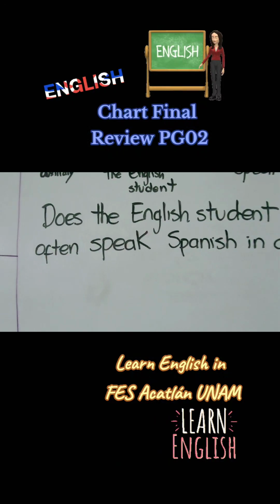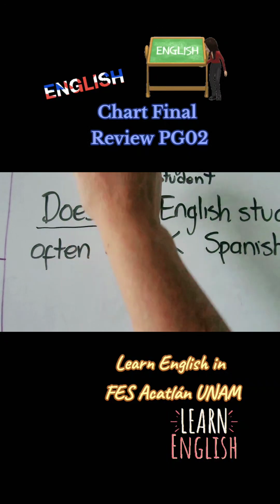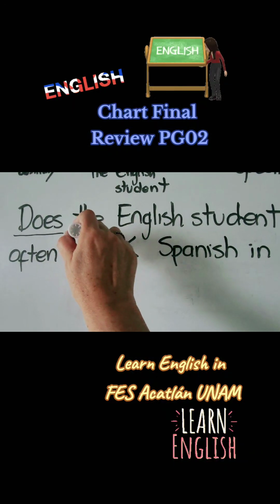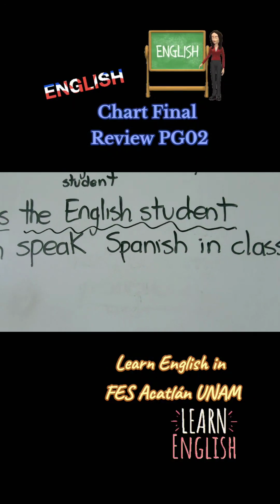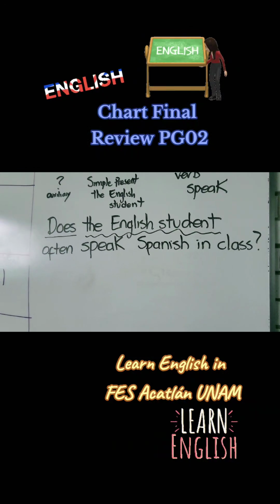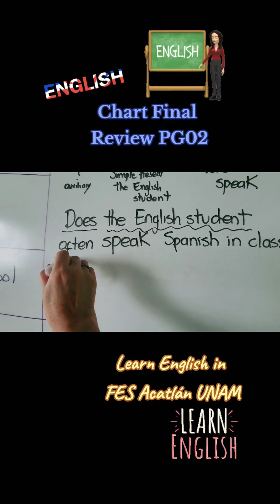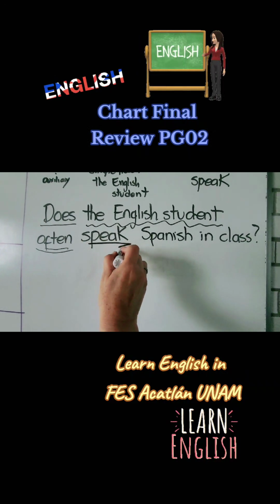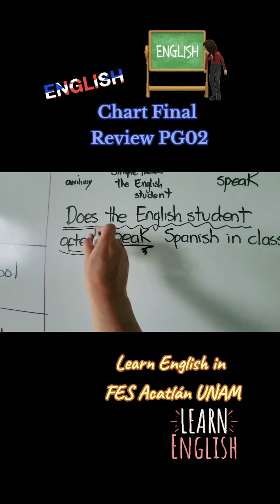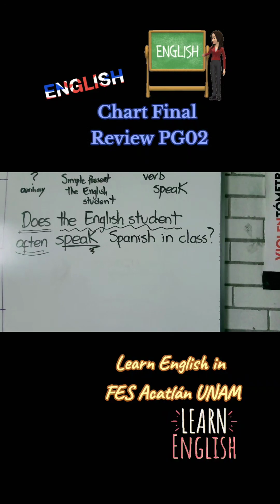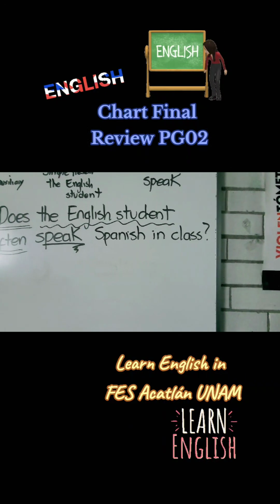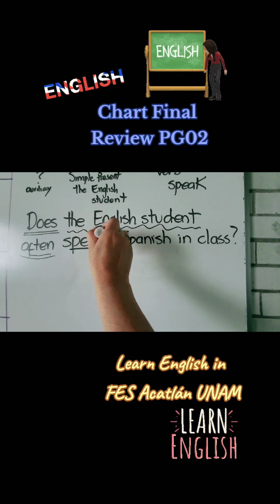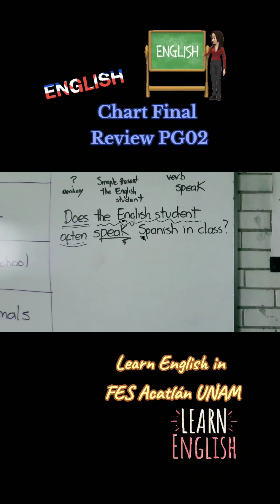So the example starts with the auxiliary, as it is the auxiliary question. Does the English student? The English student is singular. Does the English student often, we add here a frequency adverb, speak, the verb, no conjugation because we have the auxiliary. Does the English student often speak Spanish in class? Don't forget, capital letter English, capital letter Spanish.